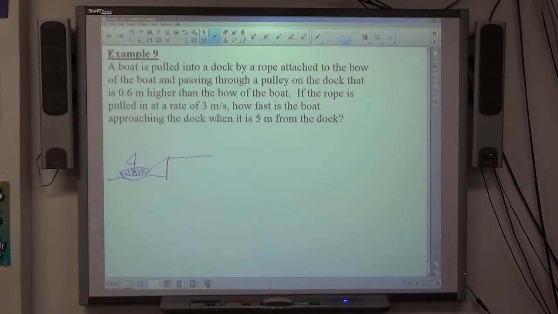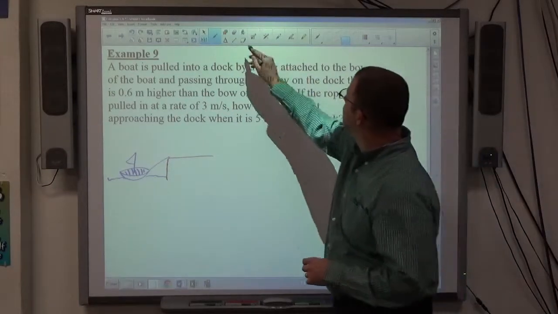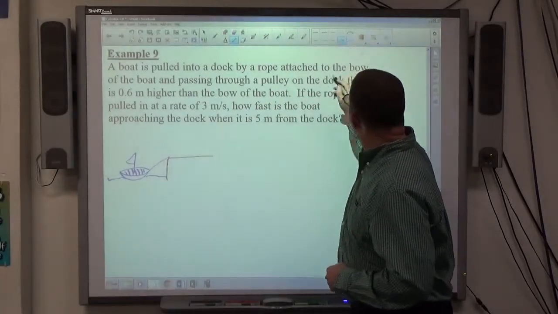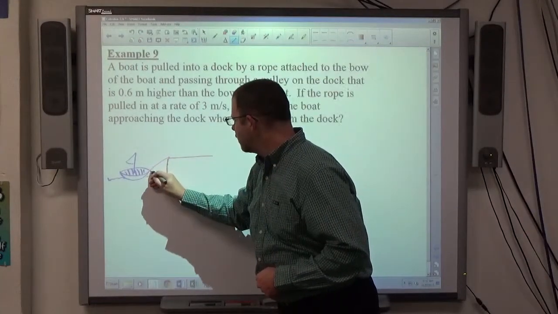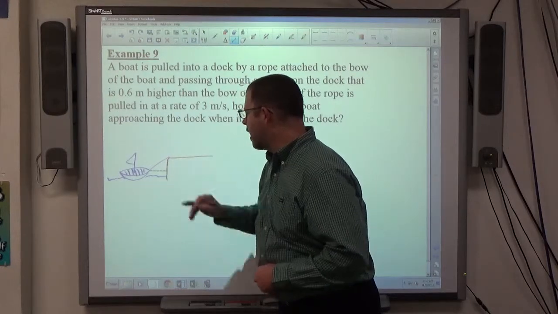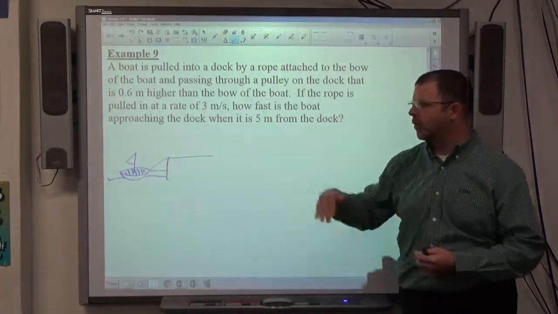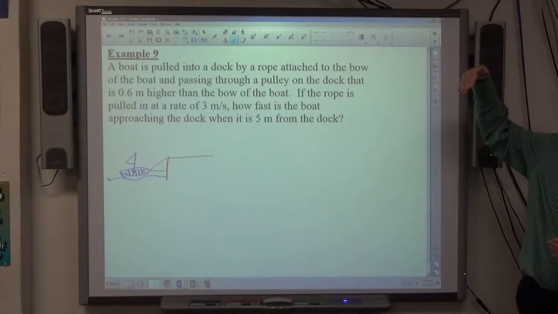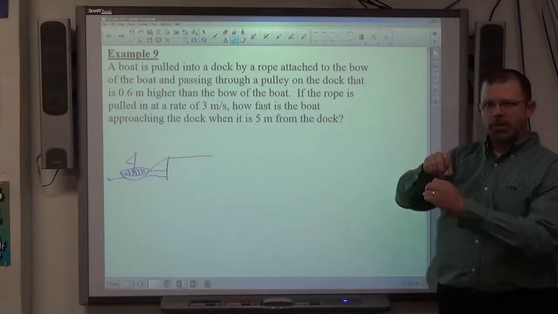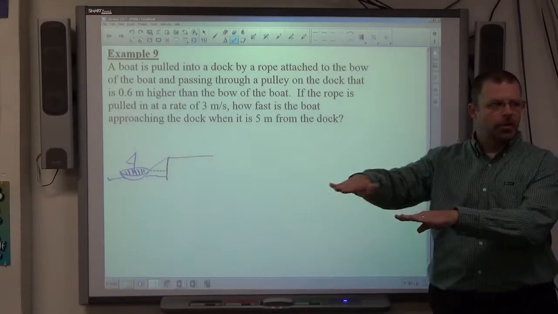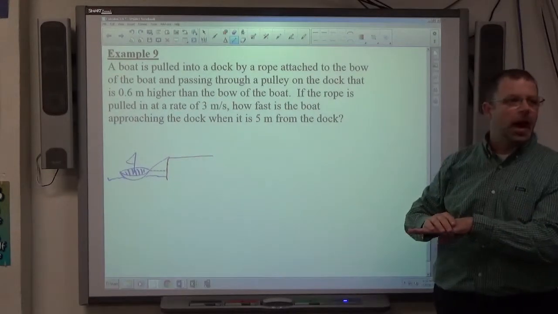All right. Now, what we have to do is mark some dimensions on this thing that we just drew. The boat is moving towards the dock horizontally, right? So even though this rope's attached at a vertical tilt, as the rope gets pulled in, the boat's going to stay on the water coming horizontally towards this dock.